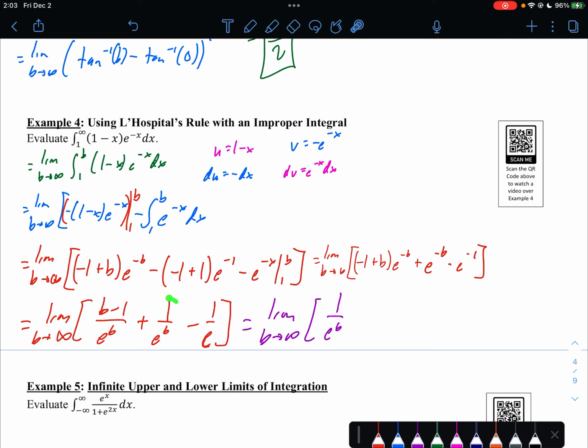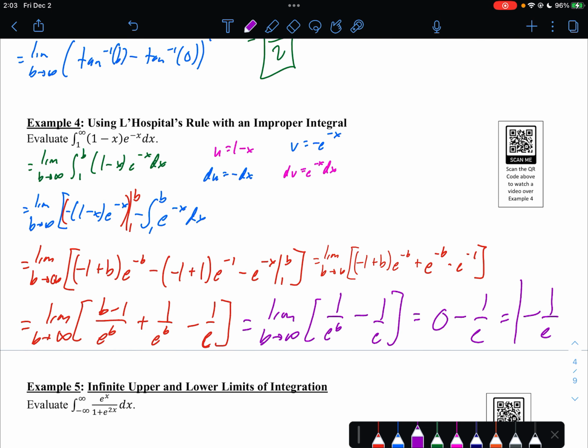I'm not going to write the second part because we already said that would be 0, minus 1 over e. Now if we put infinity in for b again, we would get 0 minus 1 over e. So our answer would be negative 1 over e. So again, we'd say that this integral converges to negative 1 over e as our top bound gets closer and closer to infinity.